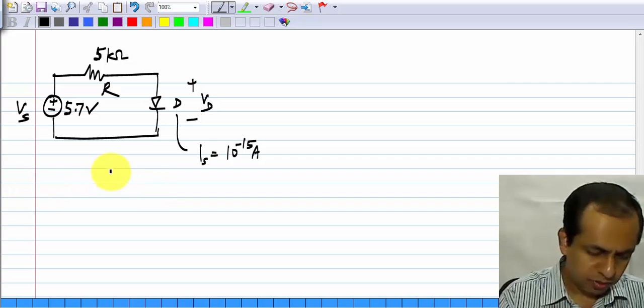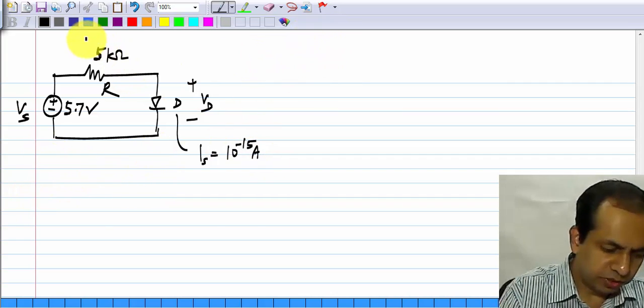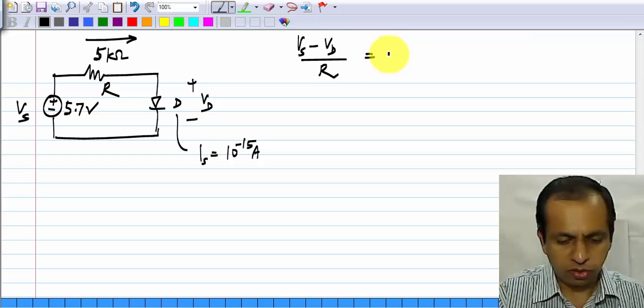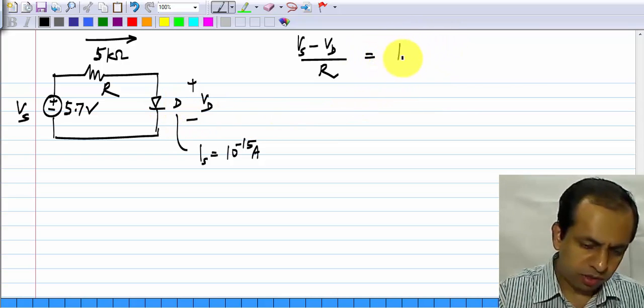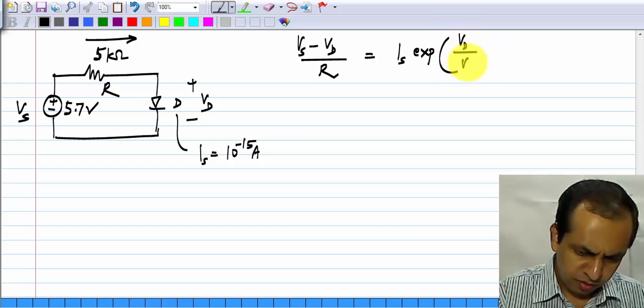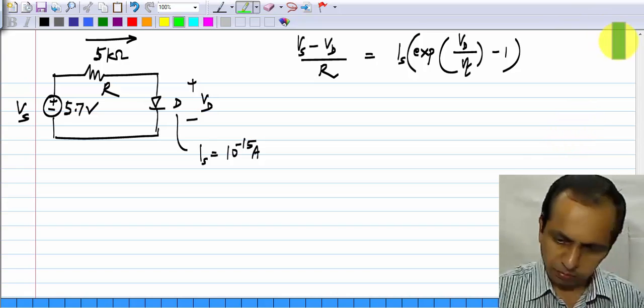Now, first of all, we can write down the nonlinear equation, which is to equate the current in the resistor, (Vs minus Vd) by R, to be equal to the current in the diode in terms of its voltage, which is Is exponential (Vd by Vt) minus 1.